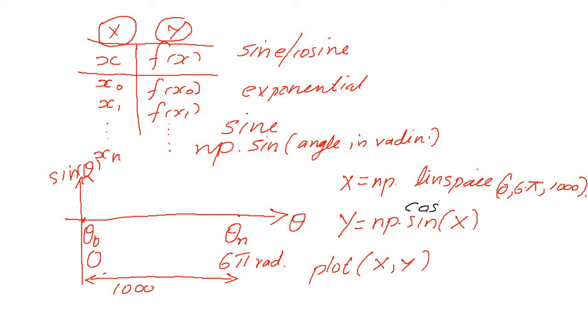And if you wish to plot exponential, you can make the change something like this: np dot exp of x. There you can change the x values if you wish. So this way you can generate the y sequence corresponding to the sequence of independent variable, and you can plot this.